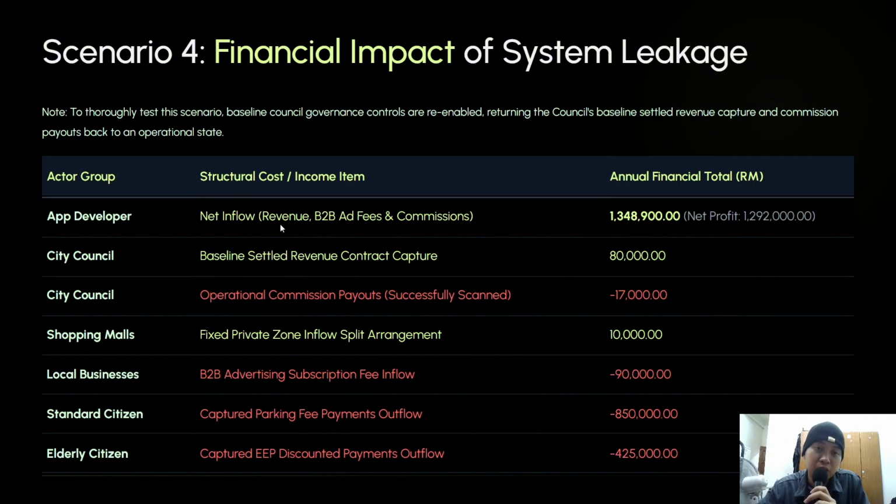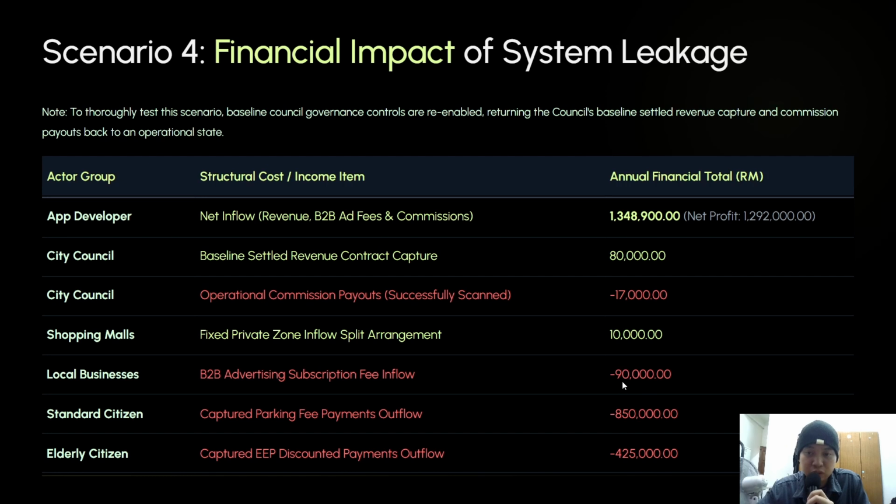Then for scenario 4, the financial impact of the system leakage: for the app developer, the structural cost is net inflows of 1,348,000. And for the city council, it becomes 80,000. And then the city council also loses 17,000 because of the successfully scanned ones. Then shopping mall, same as scenario 3, 10,000.